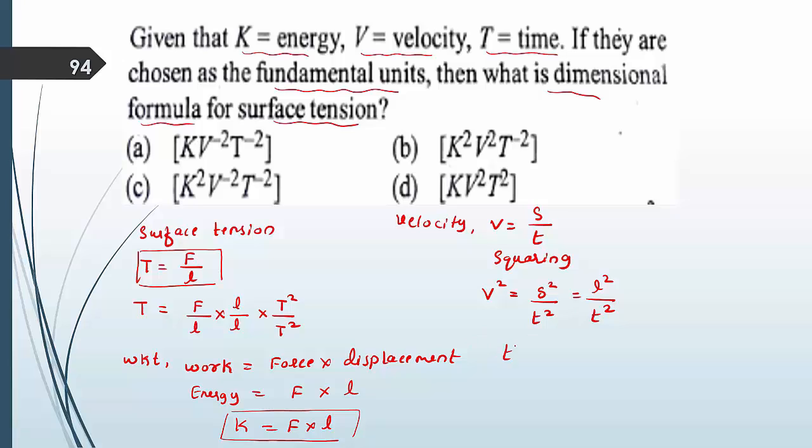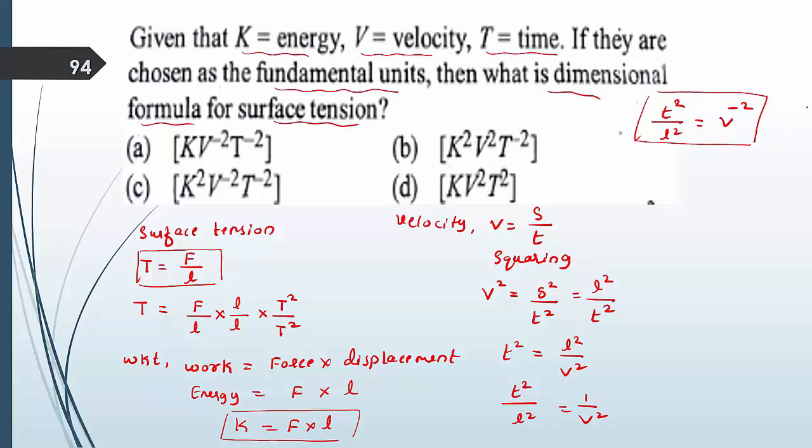We want T square equal to L square divided by V square, or T square divided by L square equal to 1 by V square, or T square by L square equal to V raised to minus 2. This equation again I am going to use later. Got it? K equal to F into L. T square by L square equal to V raised to minus 2.